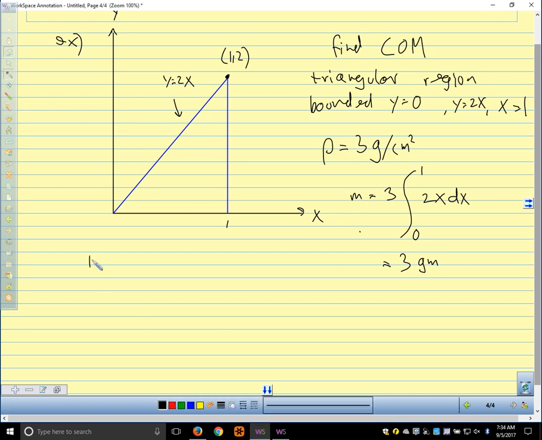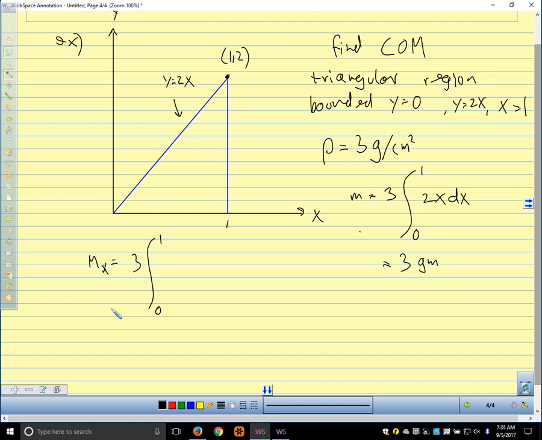The moment about the x-axis is 3 times the integral from 0 to 1. I said x, but I drew a y. Moment about the x-axis. This is where we had to find the middle of our rectangle.